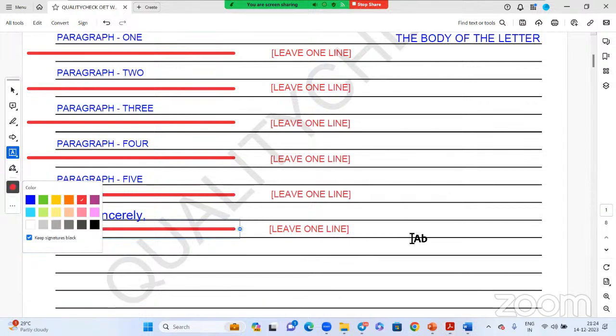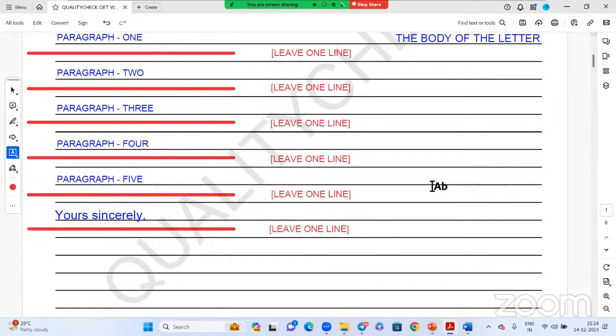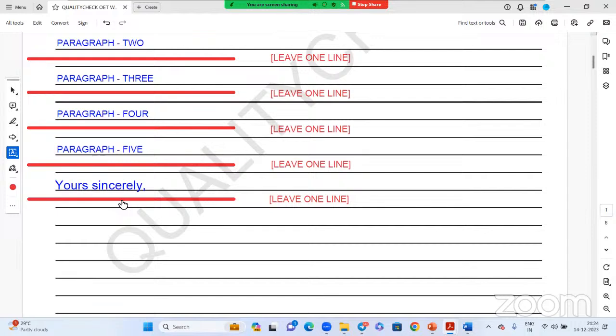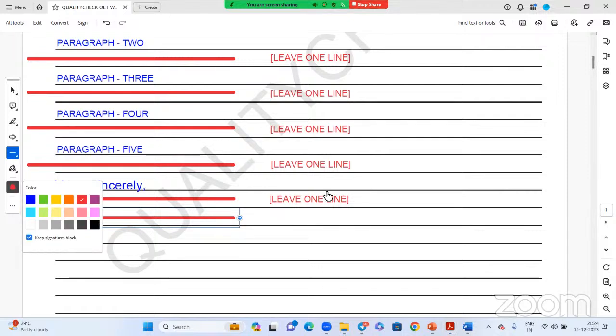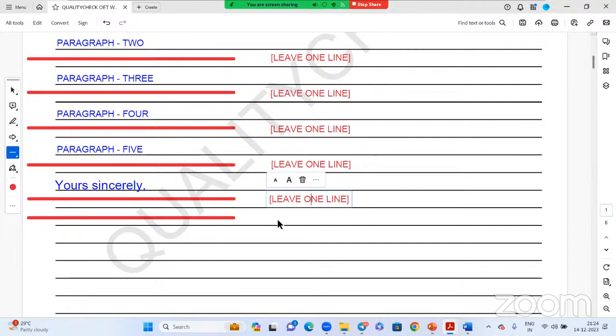So this is the pattern, and this is how you are going to do. Paragraphs you are going to construct afterwards. Now, after yours sincerely, you have to leave another line. 2 lines you have to leave, especially here.